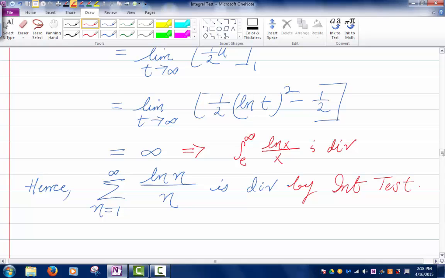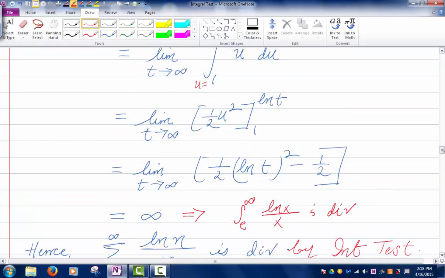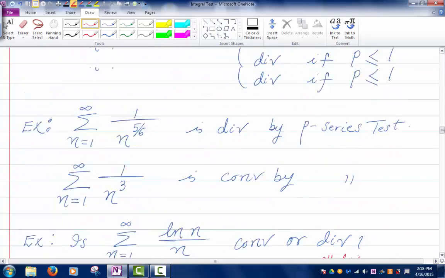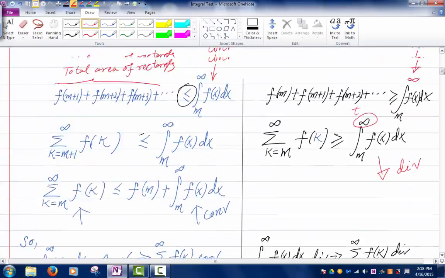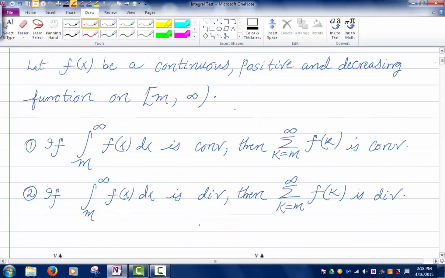And also, another point I wanted to make here is that even though originally in the integral test we are saying m going from the starting point for the series m, and the starting point, the lower limit for the integral is also m, it doesn't have to be m here. These two m's don't have to be the same.